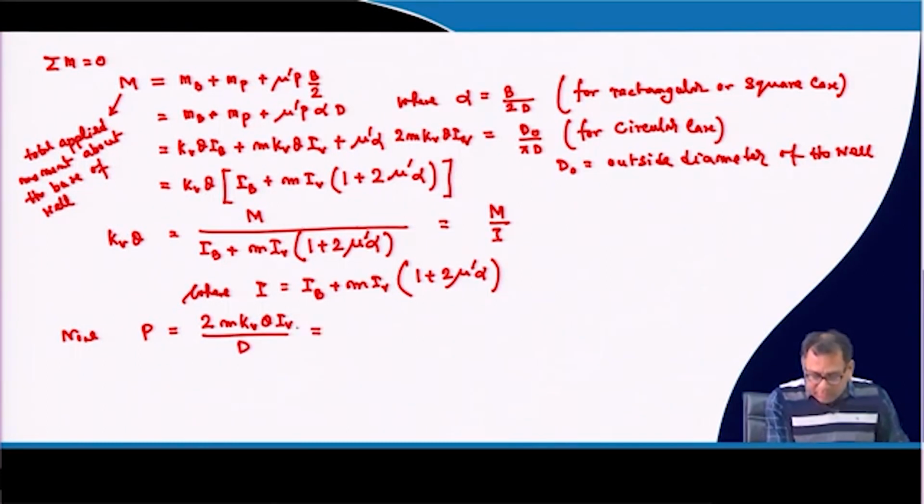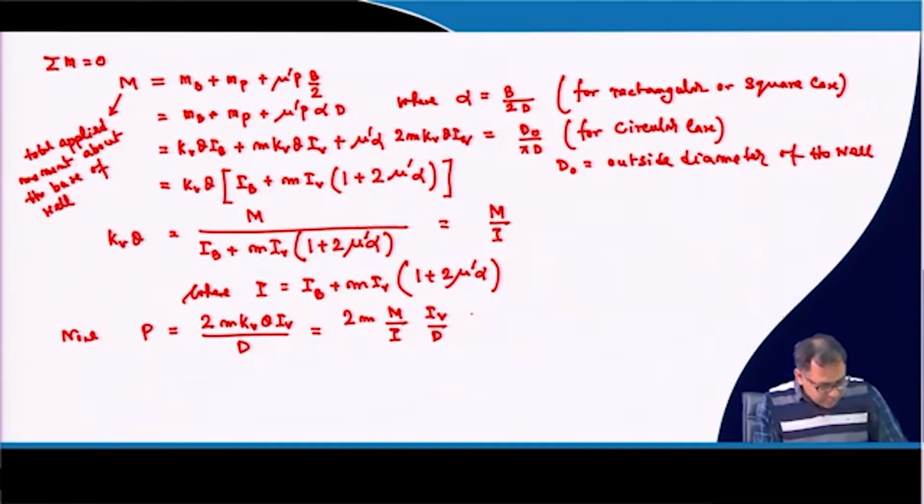Now, kV theta is M by I. So, if I replace that, kV theta is M by I and this is IV by d, and remember that M is the applied moment.